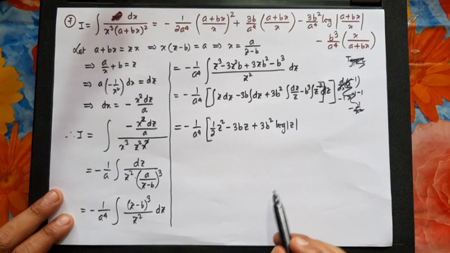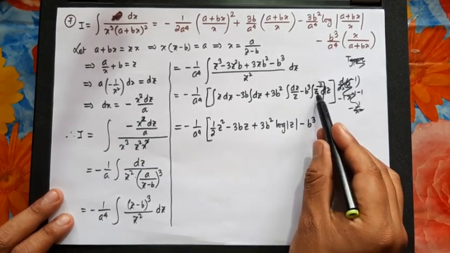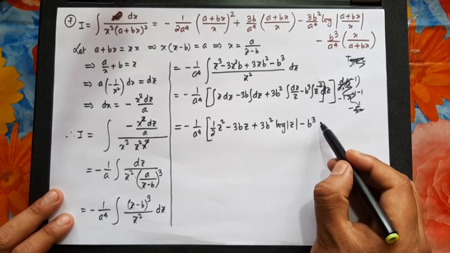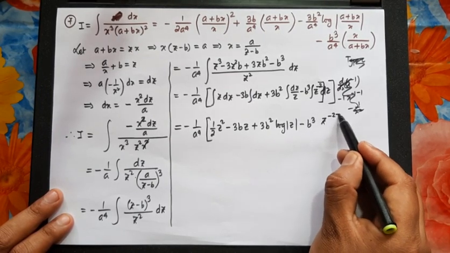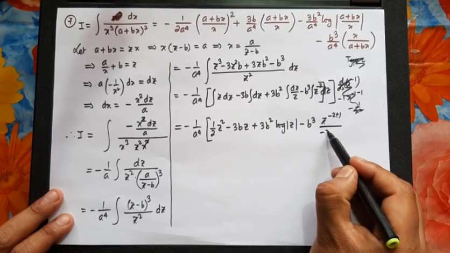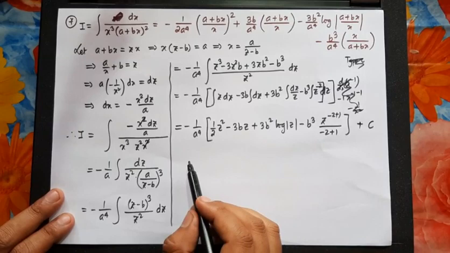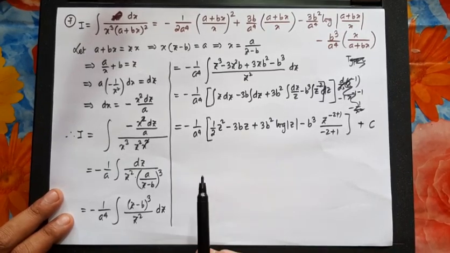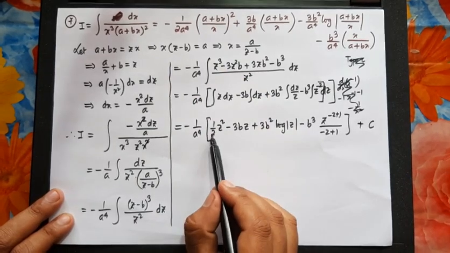And we have minus b cube, z to the power minus 2 plus 1 divided by minus 2 plus 1, with constant of integration, right?